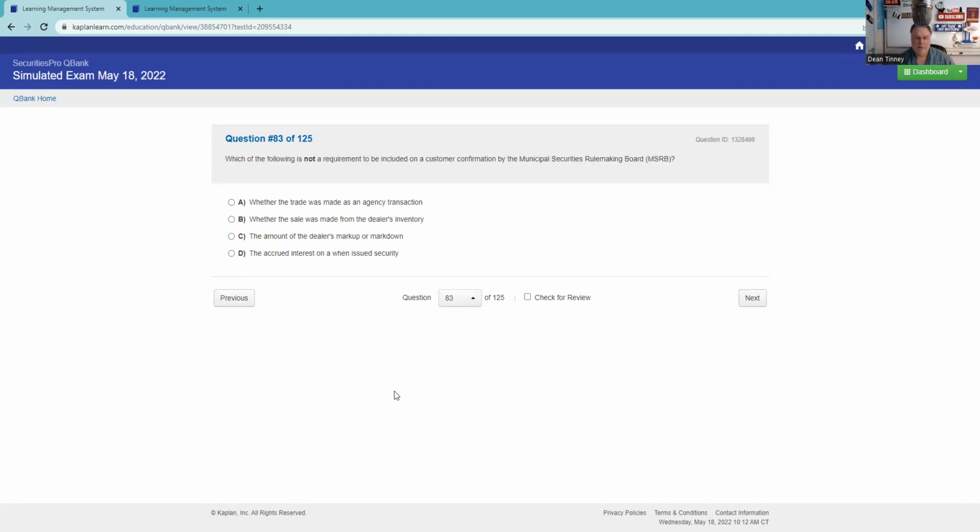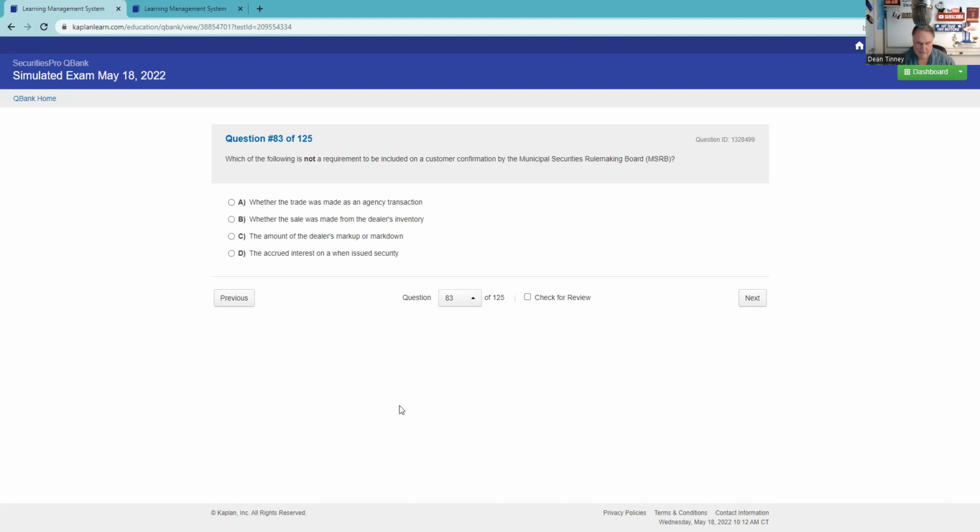Which of the following is not a requirement to be included in a customer confirmation by the MSRB, whether we acted in a principal or agency capacity? Absolutely, that's called capacity. I say, listen, in some transactions you do with us, we're going to act as your agent and get the muni bond elsewhere. But in other transactions, we're going to be acting in our dealer principal capacity, and you'll be buying and selling the muni bond from our inventory.